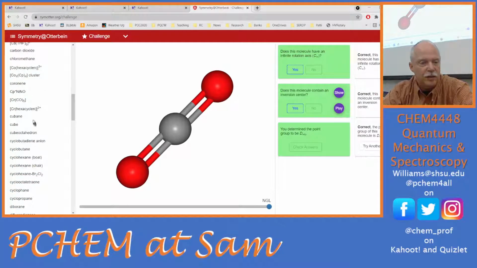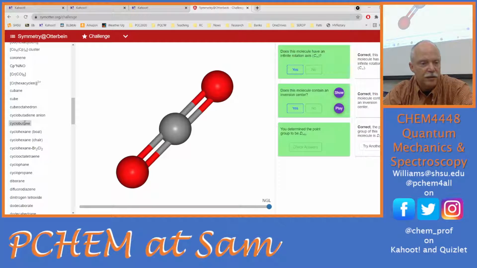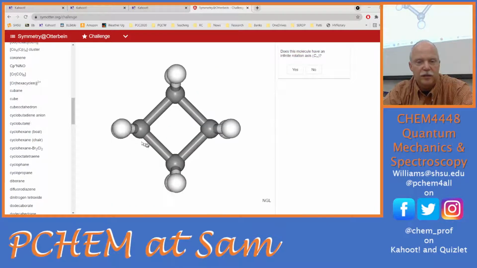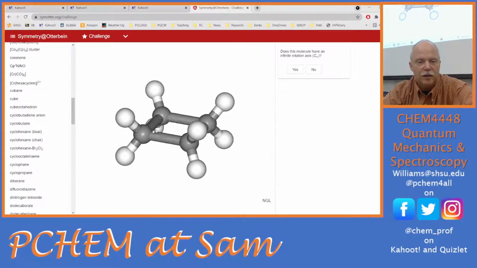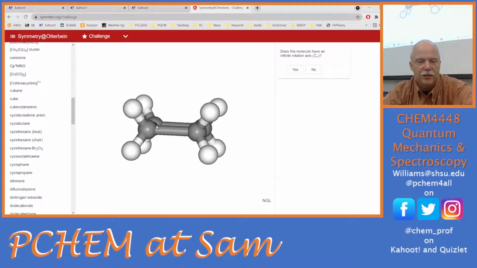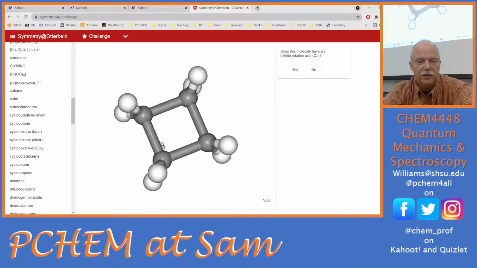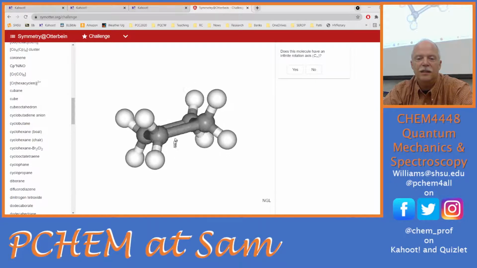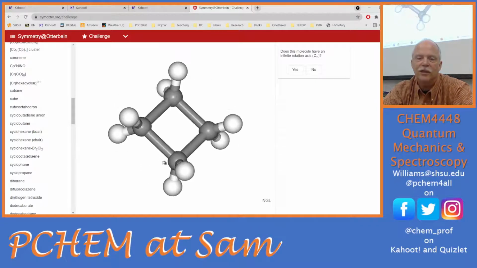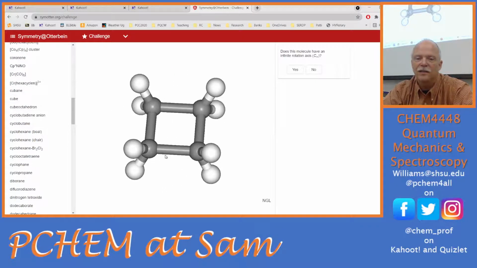Okay. Let's look at cyclobutane. So here's a molecule. It's a little more complex. Do you see a rotation axis anywhere? Like we're looking right down one, a C4 axis. But I don't see any C infinity axes. Really, the C infinity axis is asking if the molecule is linear. So in my flowchart, the first question was, is the molecule linear?